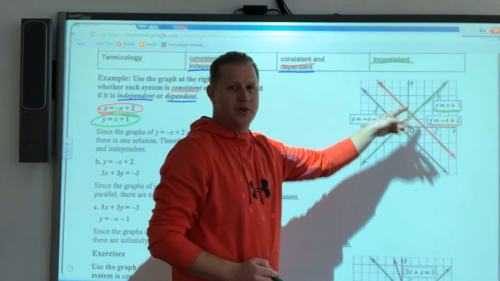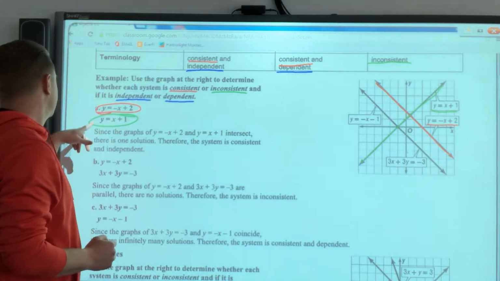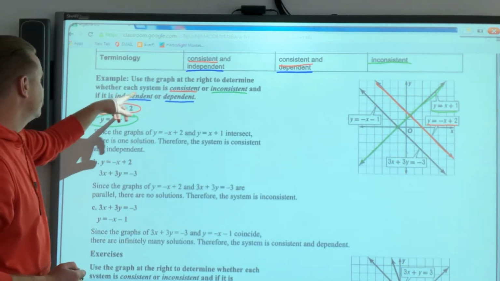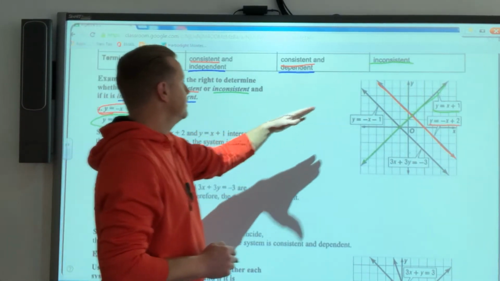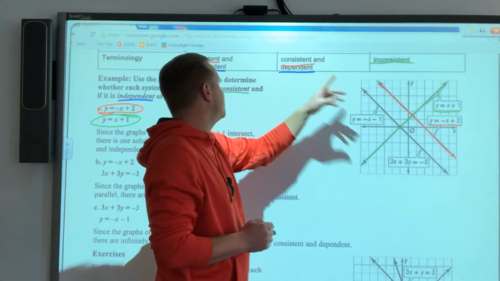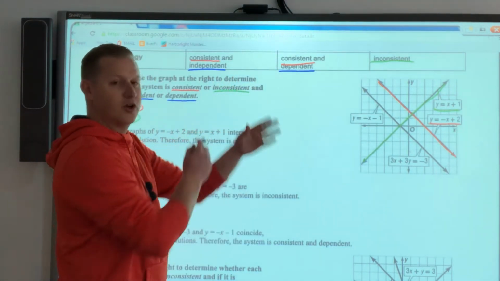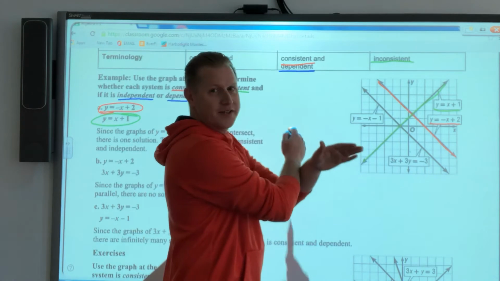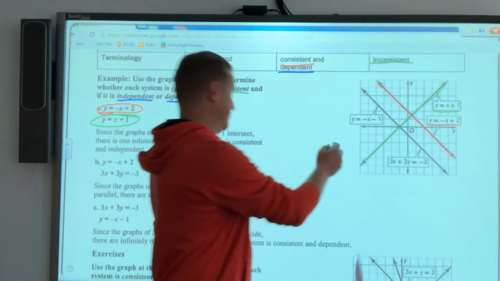Looking at these two lines, it is asking us to determine whether it is consistent or inconsistent. First question, consistent or inconsistent? Correct. Consistent. They touch. There's an ordered pair where they connect.